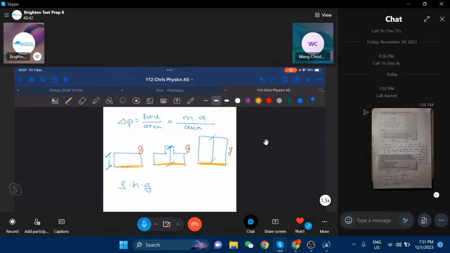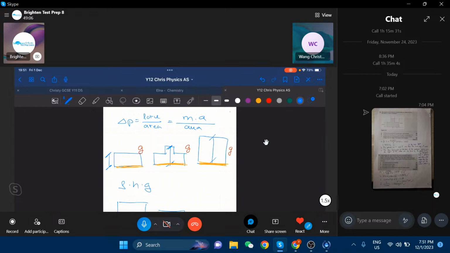But if I look at it from the top, this one could be like this, one could be like this, and this one could be like this.